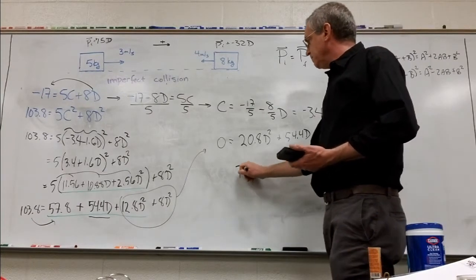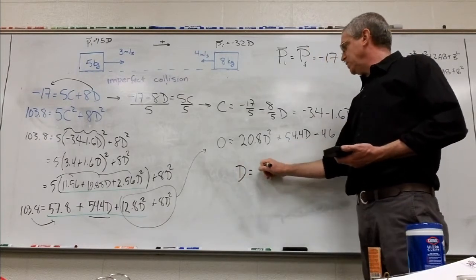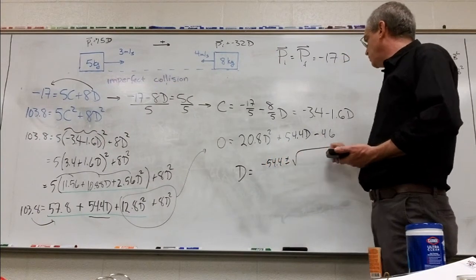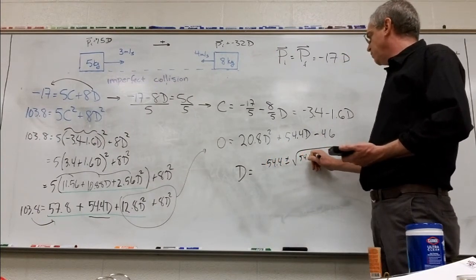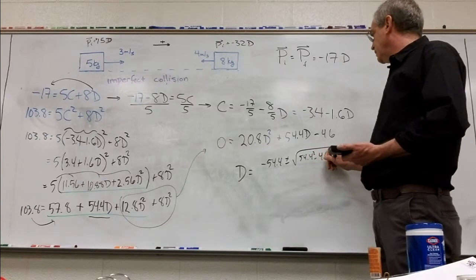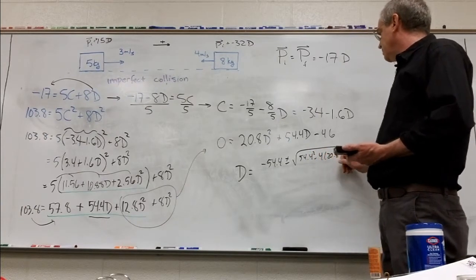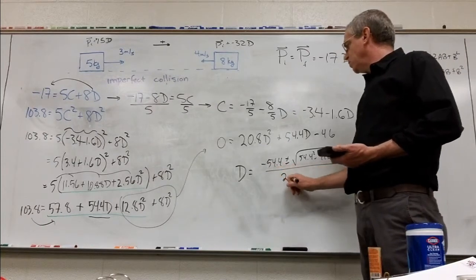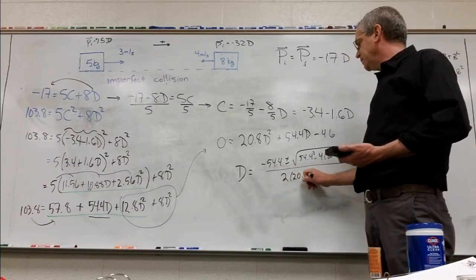And so d is equal to negative 54.4 plus or minus the square root of 54.4 squared minus 4 times a times c, negative 46, divided by 2a, 20.8.